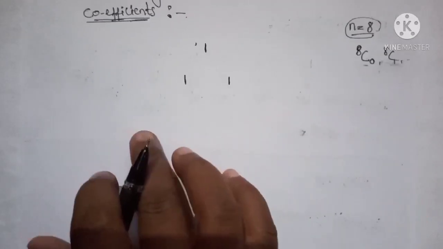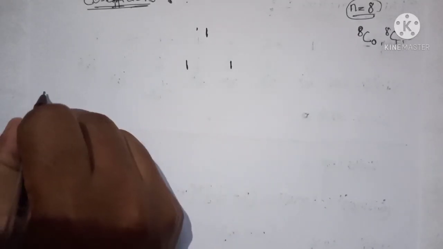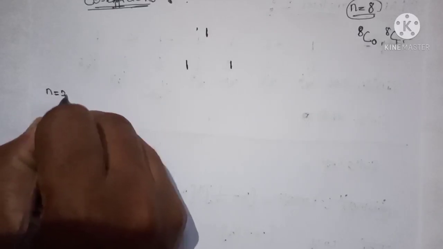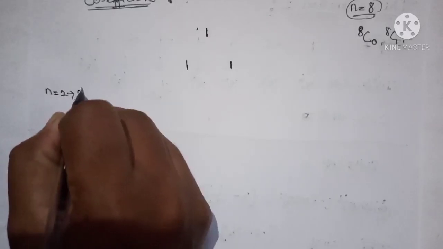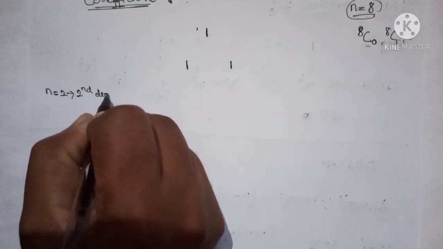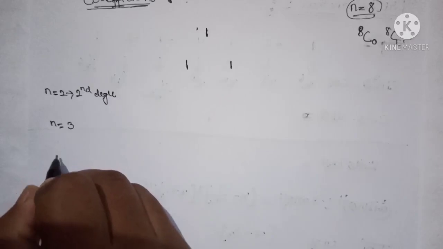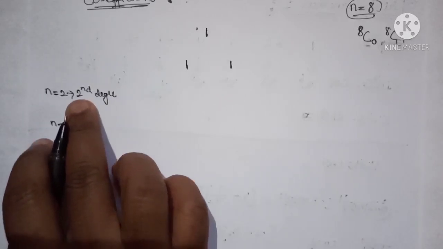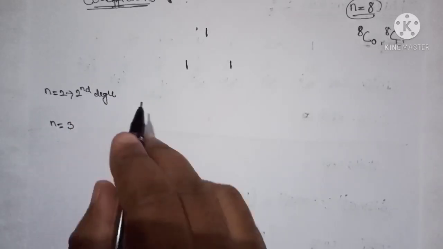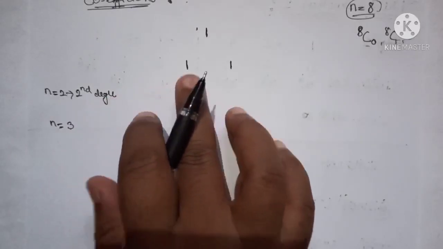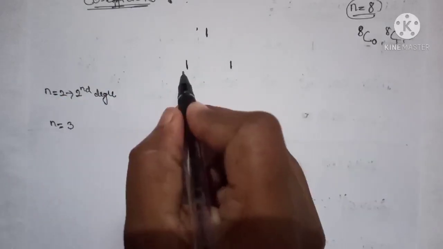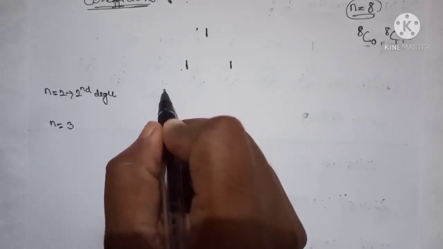Now first, if n is equal to 2, then we call it the second degree. If n is equal to 3, we call it the third degree. For the second degree we put the 1s as they are.